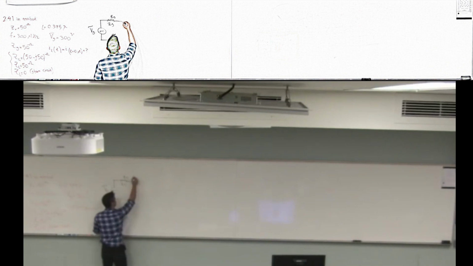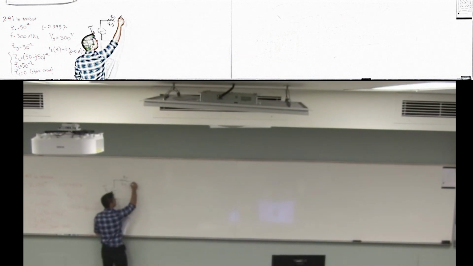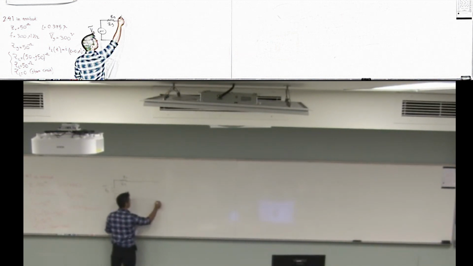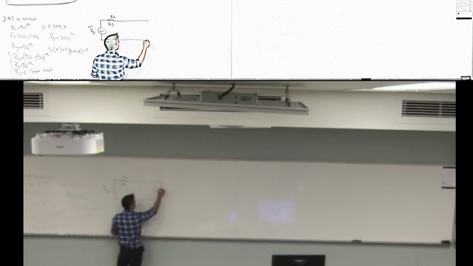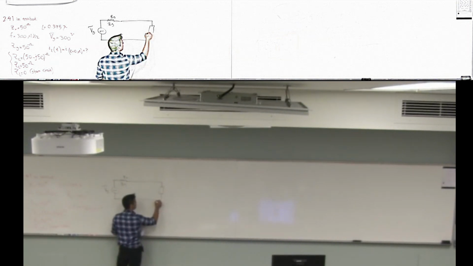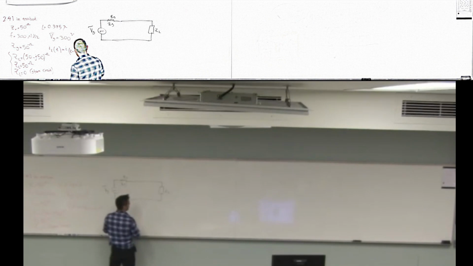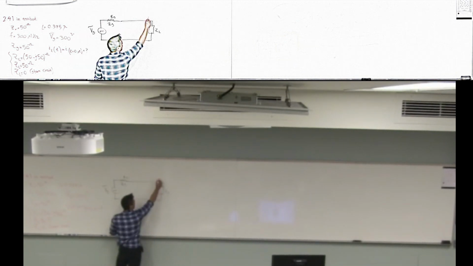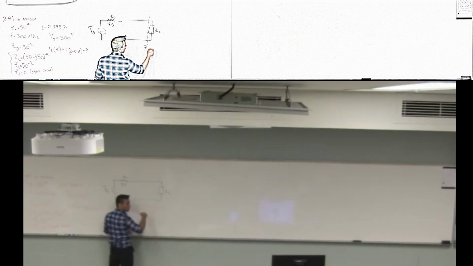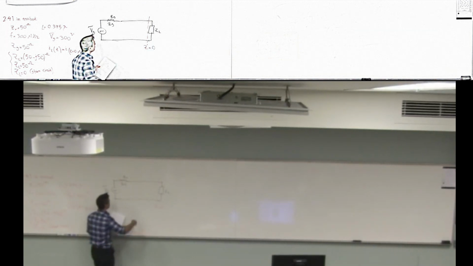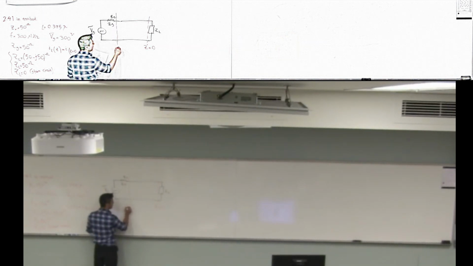And then you have a transmission line, and then you have a load ZL. We call this point Z equal to 0. The length of the transmission line is L, so this is Z equal to minus L.